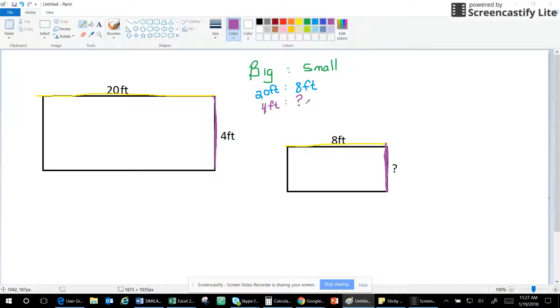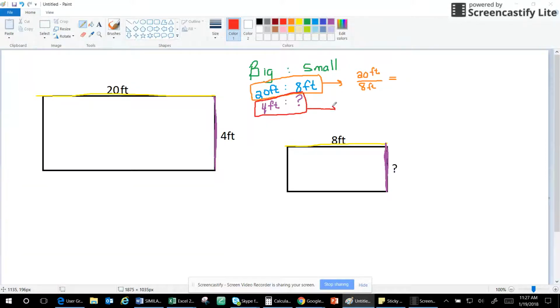How do we do that? Well, we know that any ratio can be written as a fraction. So this 20 feet over 8 feet, I can take this and say, okay, the length of the big rectangle is 20 feet, and the length of the small rectangle is 8 feet. And whatever this ratio is, that ratio has to hold true for the other side.